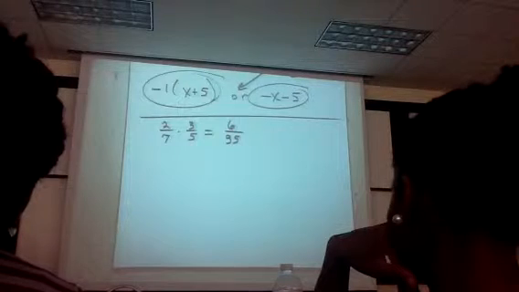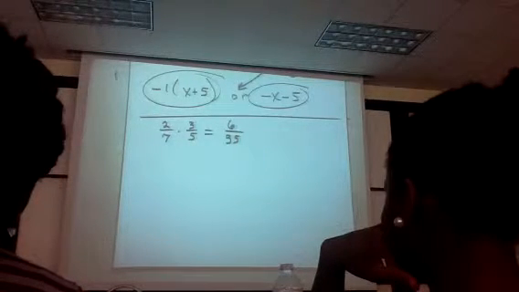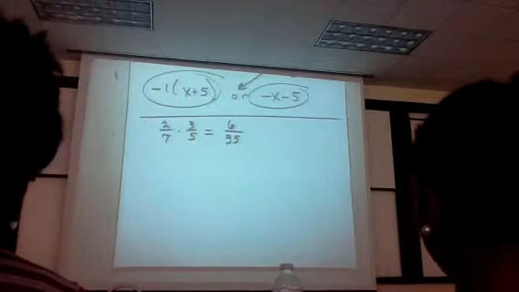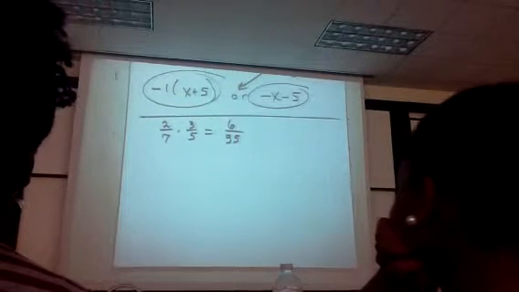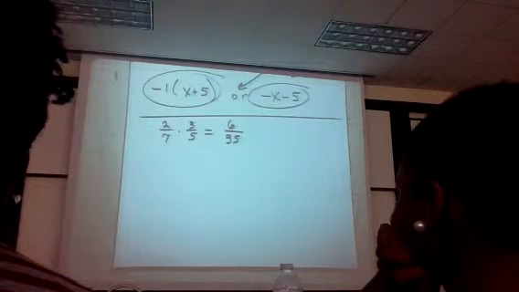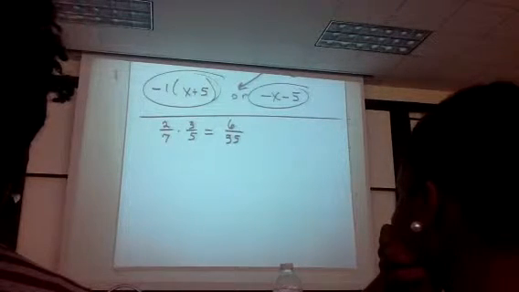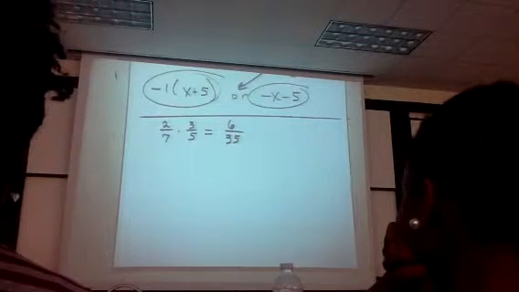What we're going to look at now is the multiplication of rational polynomial expressions. So we're going to introduce polynomials here. We're going to do the same thing. Let's look at number 49.